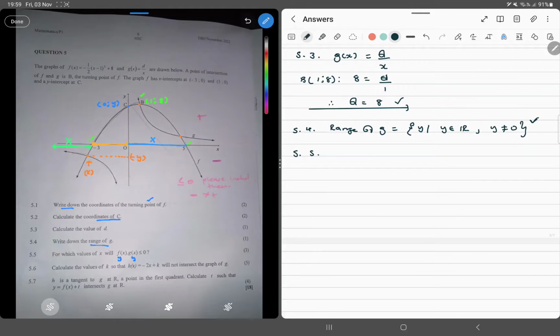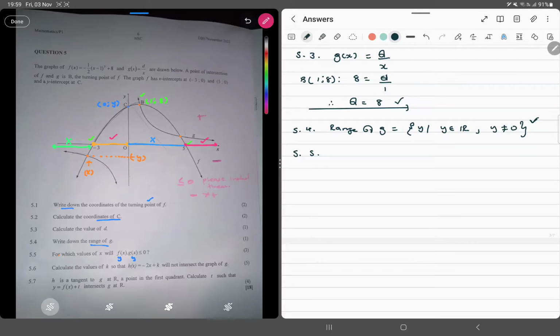So this interval is not accepted. But from this value, because this is at 0, 0 multiplied by any value will give us a 0. But going further into this direction, we can see that this is positive, this is negative. So that product will be less than 0. So this means this interval is correct. Okay, so how many intervals do we need here? It's these 2. Okay, great.